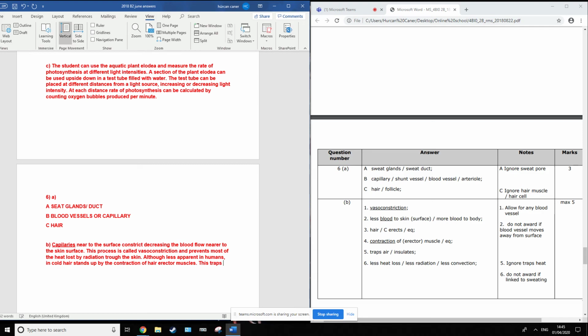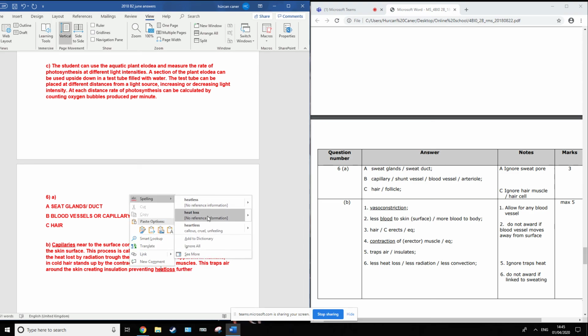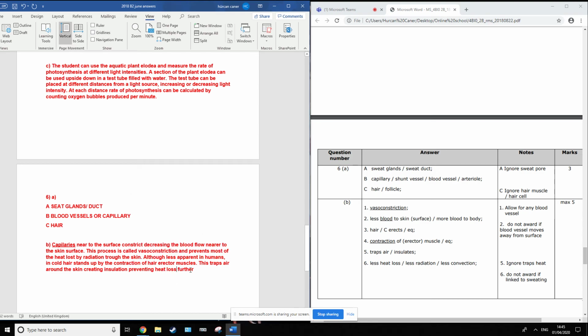These trap air around the skin, creating insulation, preventing heat loss further. By, let's say, convection.